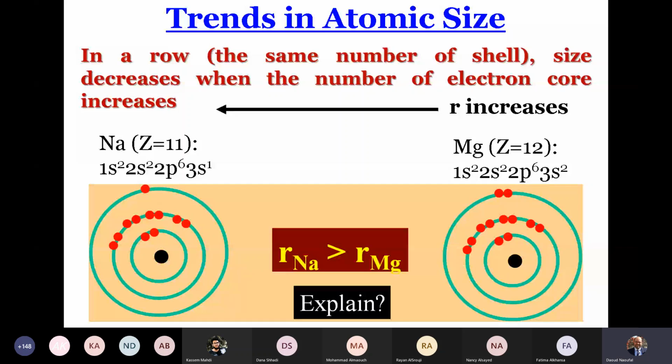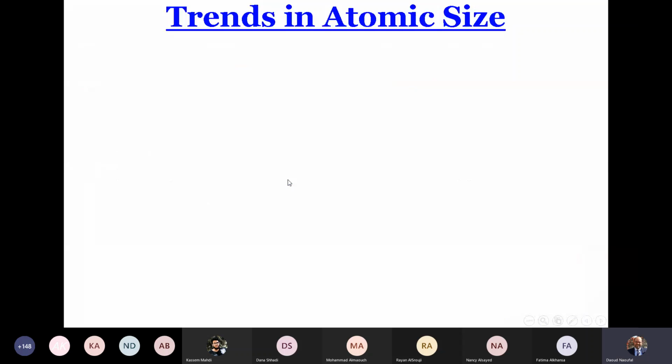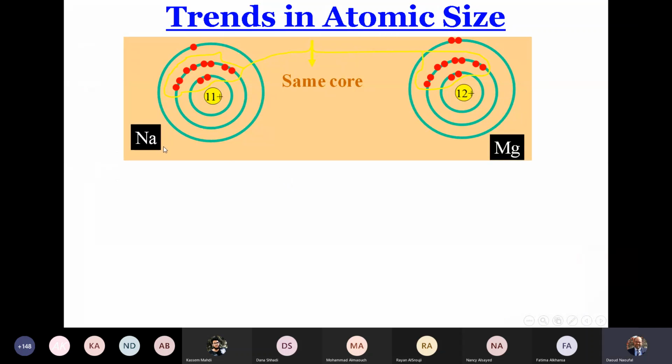It's not necessary to make this proof to compare the radius in the same row. So the objective now is to prove that the radius of sodium is greater than the radius of magnesium.